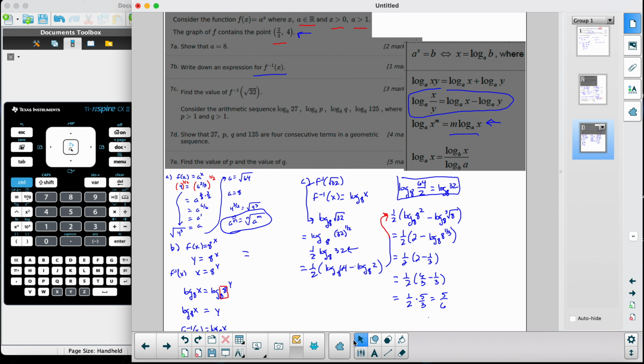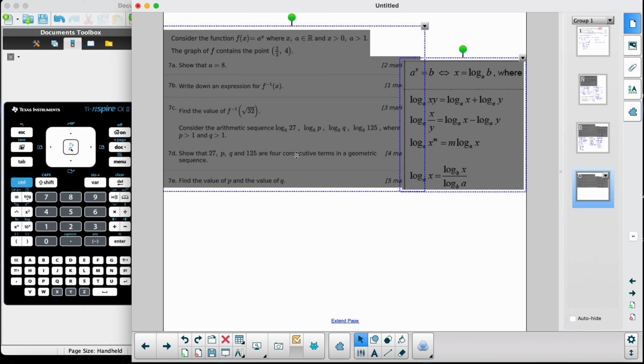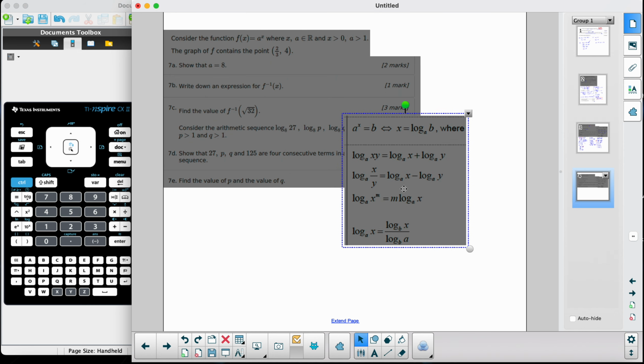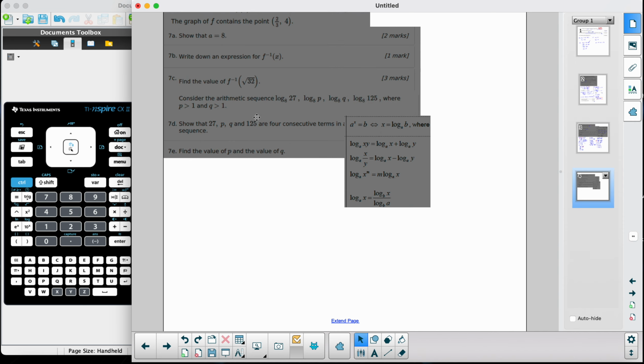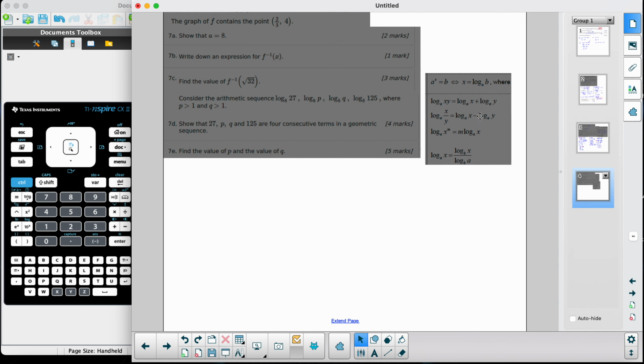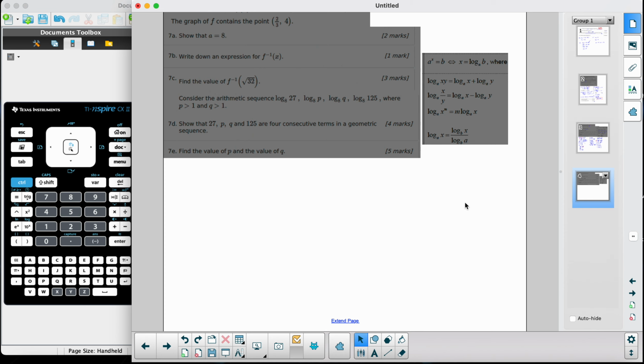I think I'm going to move over to the next page to give us some more room. Okay. Make this a little smaller. Okay. All right. So now we've got D. 27, P, Q, and 125 are consecutive terms in a geometric sequence.